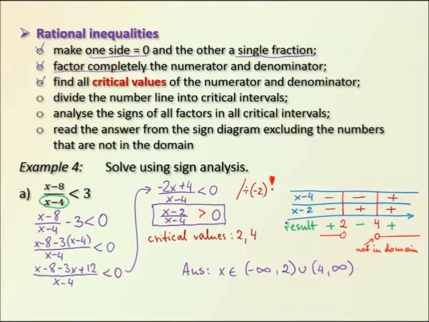Finally, we divided the number line into segments by using those critical values. And then we analyzed signs inside the table of signs. And at the end, we read the answers from the diagram and stated it in interval notation, watching the numbers that are not in the domain. Always check against the domain of the original expression.